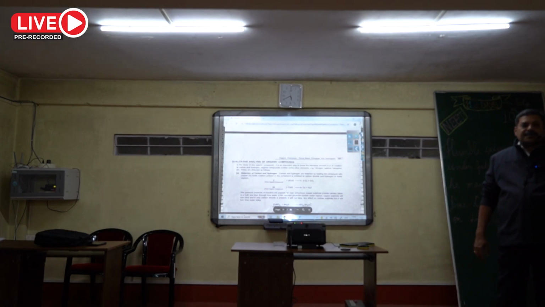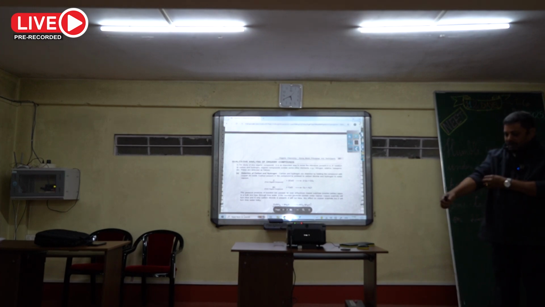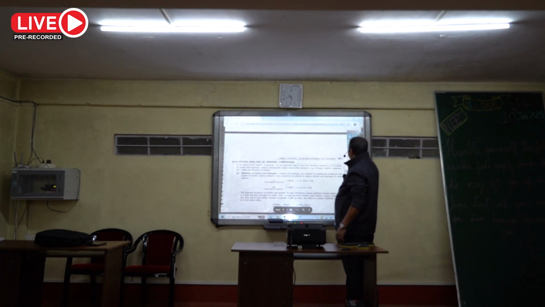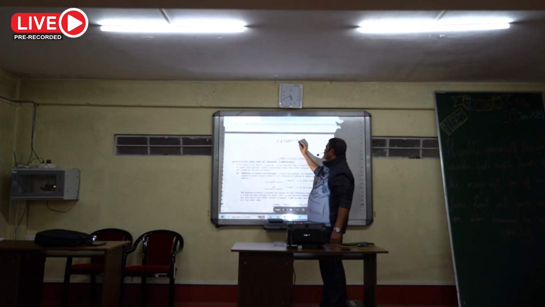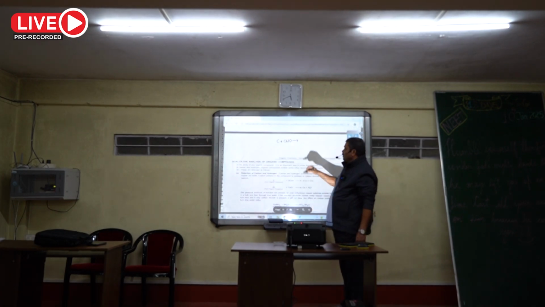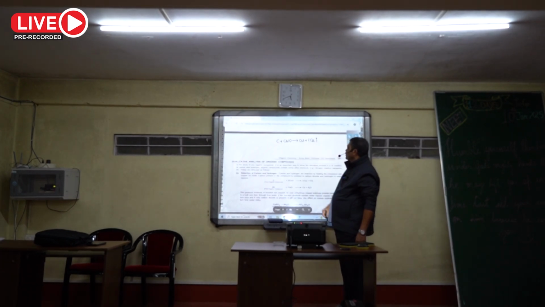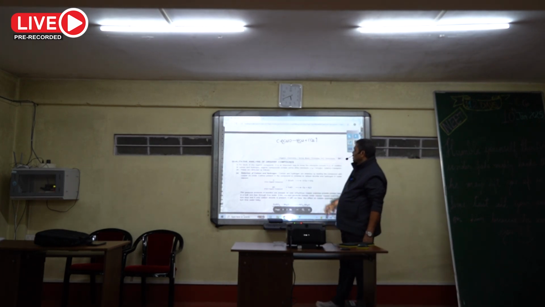The given sample is heated with cupric oxide. If the sample contains carbon, it reacts like C plus 2CuO gives 2Cu plus CO2.